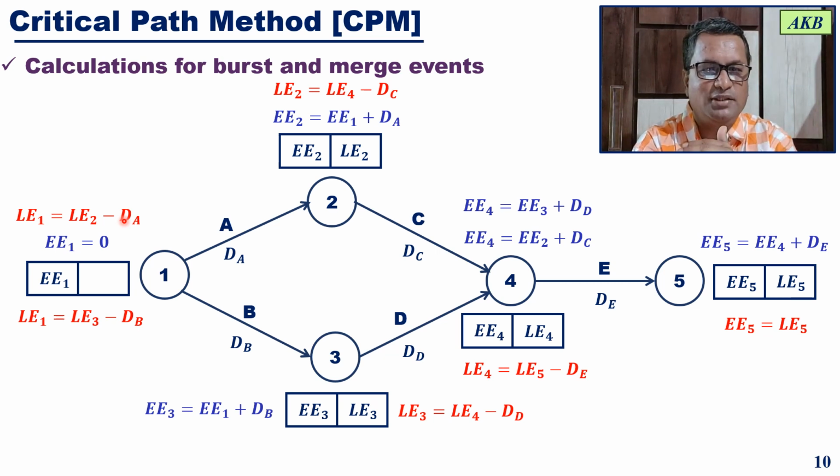So in backward pass calculations, when you are in a situation like this, select the minimum. And during forward pass calculations, when you are at the merge event, select the maximum one. So that will give you LE1.